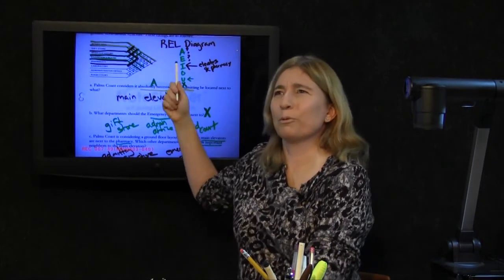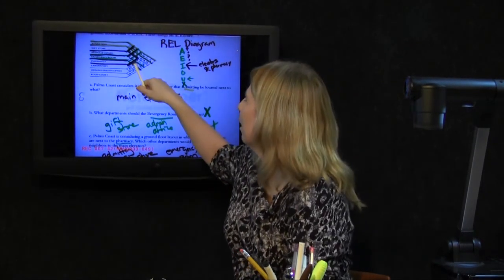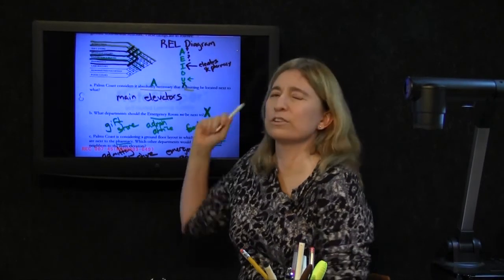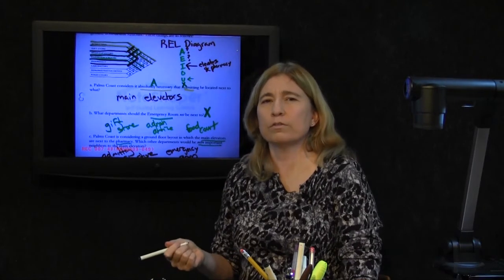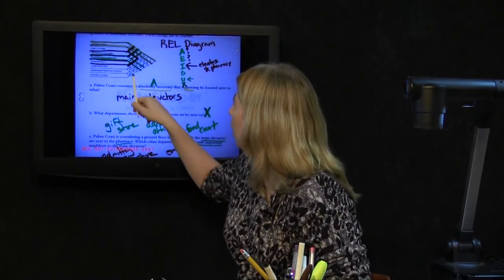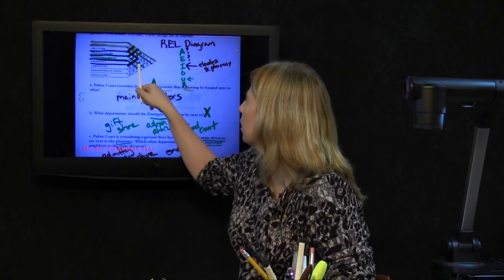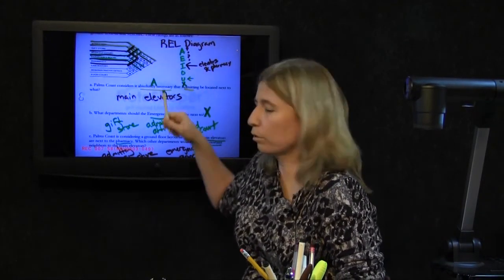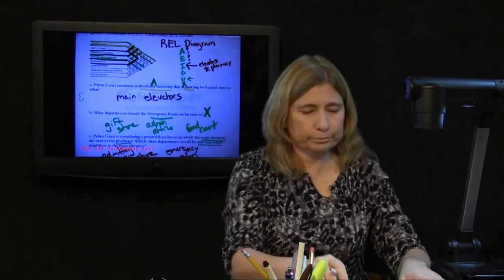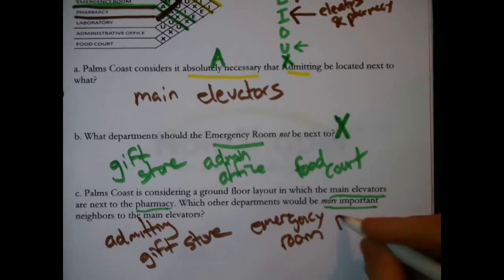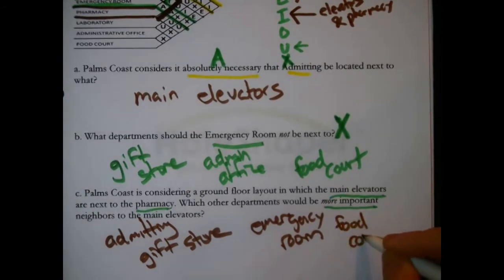Well, we are checking the pharmacy. I see an O. That's lesser importance. I see an I. There's another tie for the administrative office and the elevators. So that's not more important. And anybody else? I see another E right here at the very end for the food court. So I want to include that one in my answer.